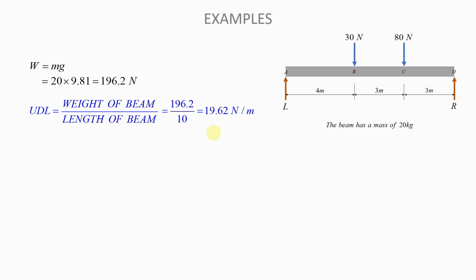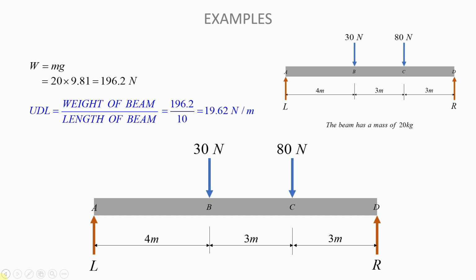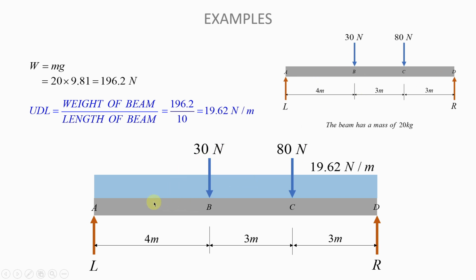And this UDL is going to act over the entire length of the beam. What do I mean by that? Solving this problem is the same thing as solving a problem like this, okay, where you have this and then a UDL that acts over the full length of the beam like that, okay? Very, very important.